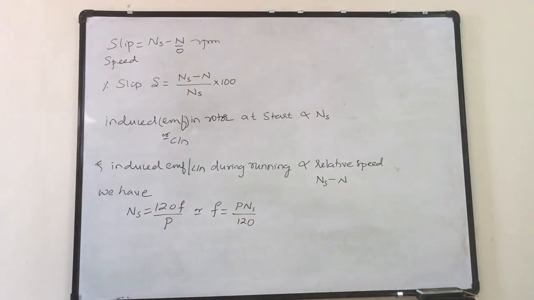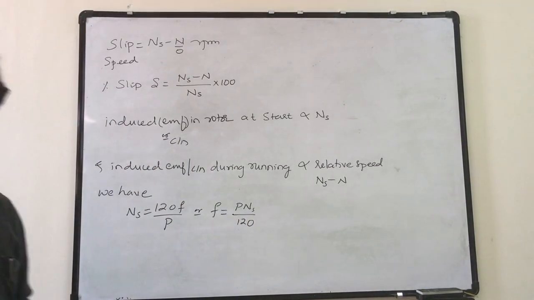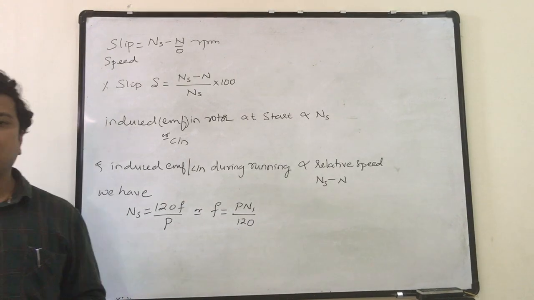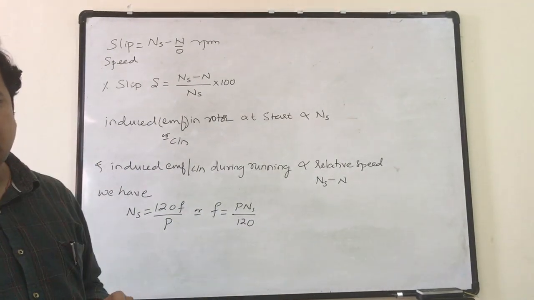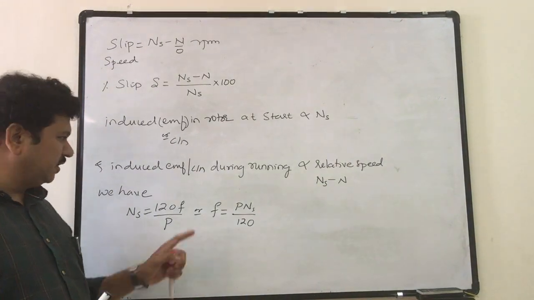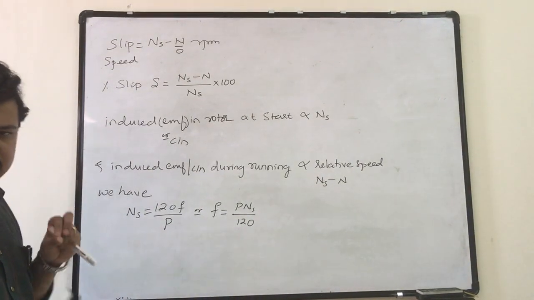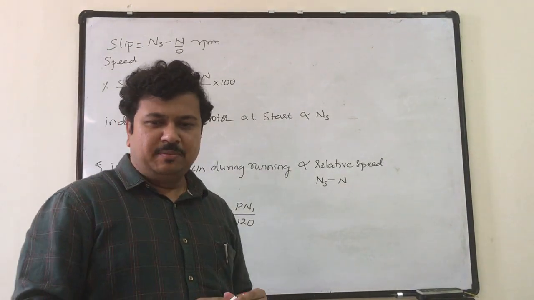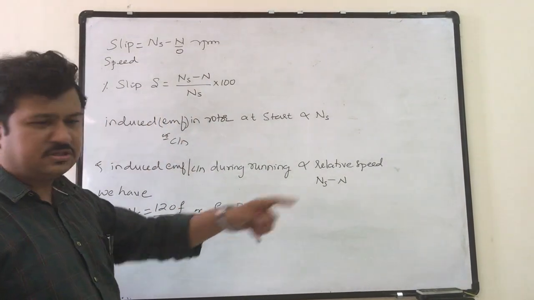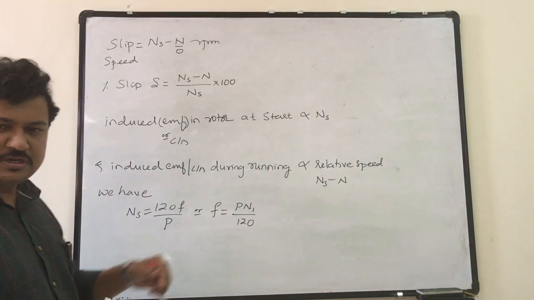So this is the frequency of induced EMF at the start. At the start, in the sense when the rotor is not yet rotating, it is simply acting like a secondary short circuited transformer. Therefore the frequency of induced EMF or current is f only, because we know that in a transformer frequency won't change. But now as the speed of the rotor increases, my relative speed is decreasing.